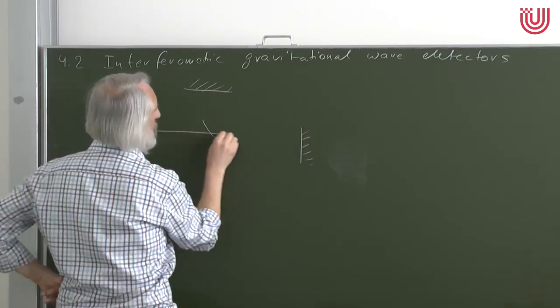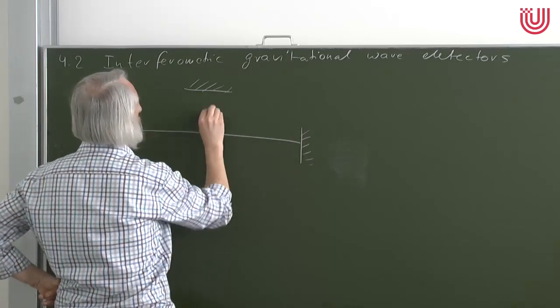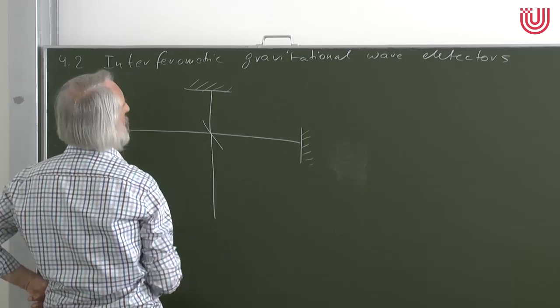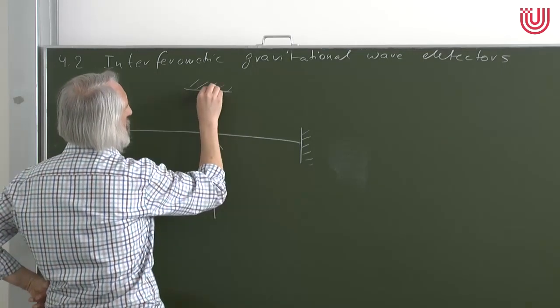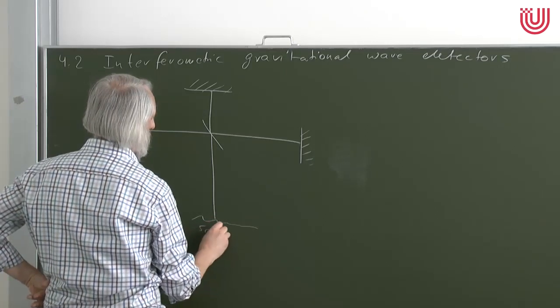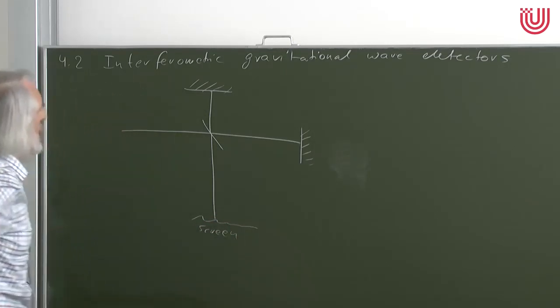A laser beam is coming in and is split here. Then one beam is reflected here, goes back, and then this way, and the other one goes to this mirror and then back. And here is a screen where the signal is measured.